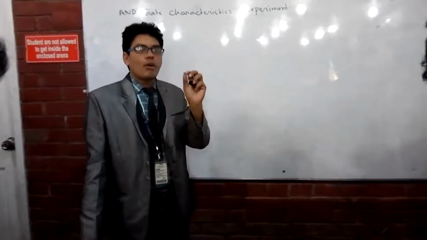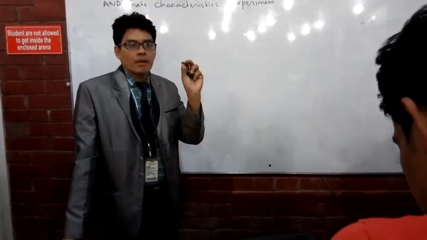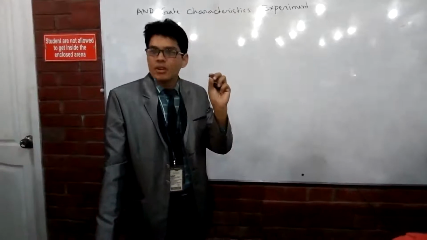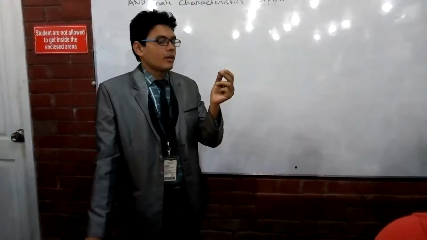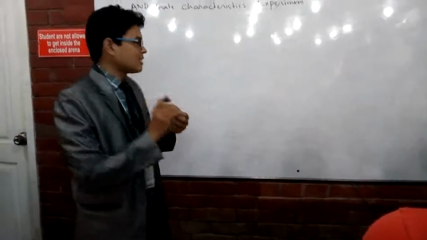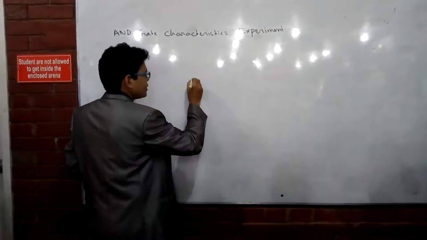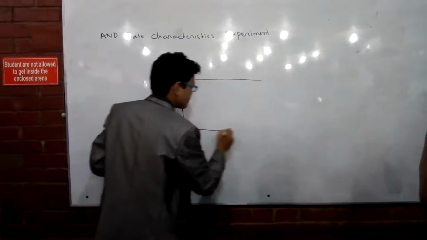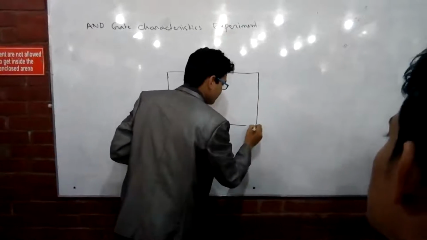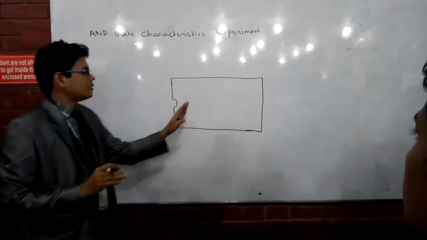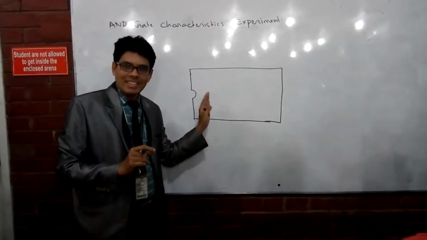This is called an IC. This is also made of semiconductor. And what is inside the IC? For the AND gate, this IC exactly looks like this. The IC looks like this.